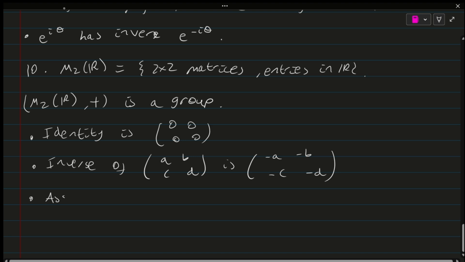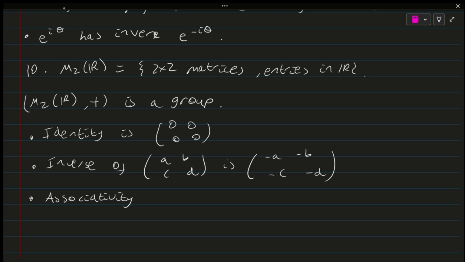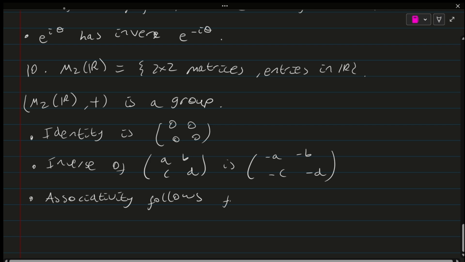We get associativity because the real numbers under addition are associative, and we can consider each entry in the matrix separately. So associativity follows from associativity of addition in R. And closure as well.